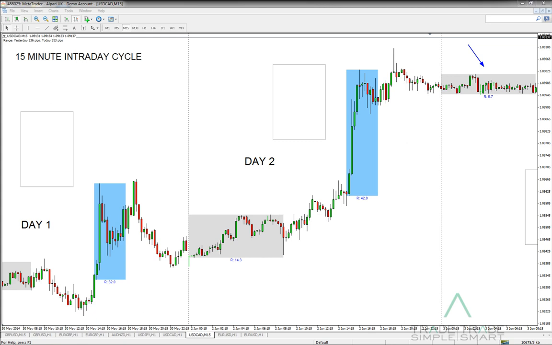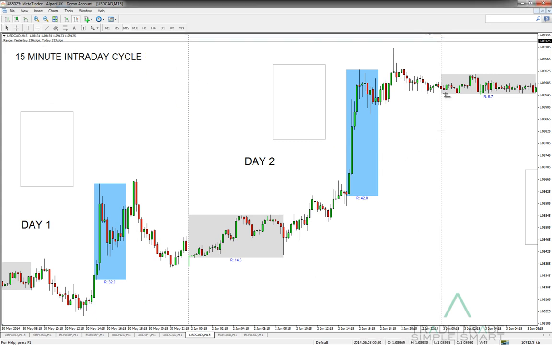Okay, so we're going to be looking for areas where smart money are going to induce retail traders to sell into the market, so again they can buy into this selling pressure and finish the 3-day cycle. So on day 3, we're going to mark out our levels of support.